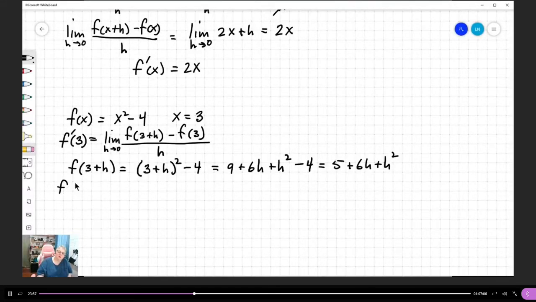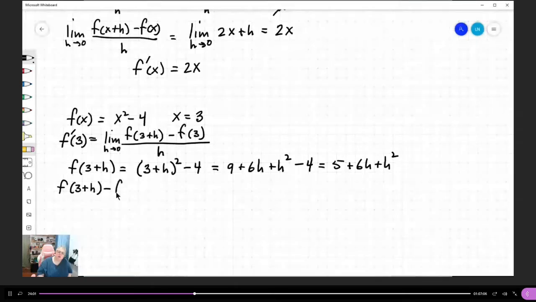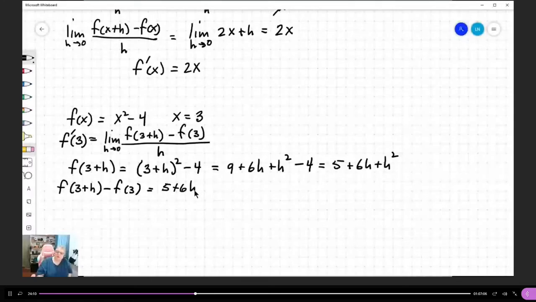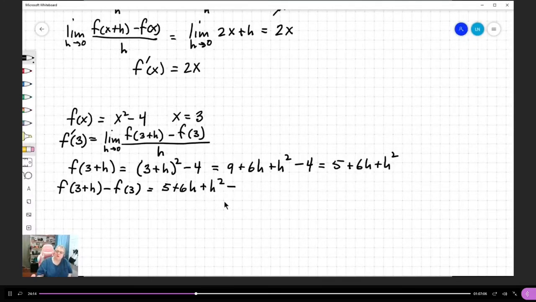All right, so now I do f of 3 plus h minus f of 3. So I take 5 plus 6h plus h squared minus f of 3.